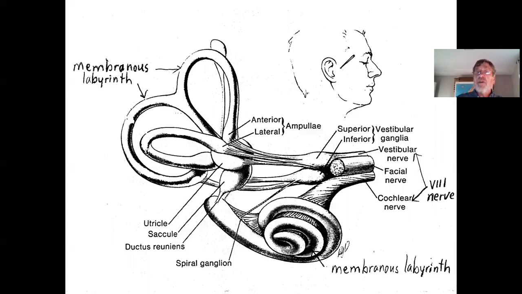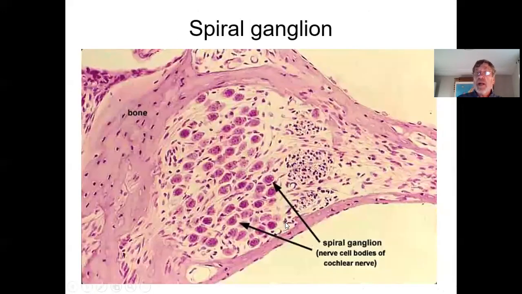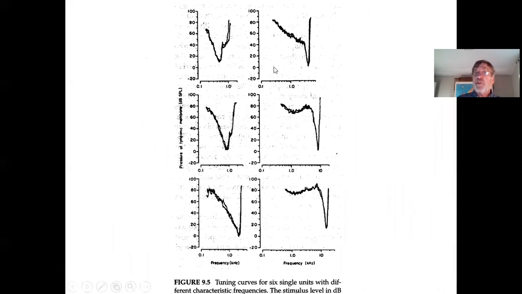Let's pick one of these fibers. Pick this one right here. Perhaps its tuning curve might be this. If this is frequency, and this is the softest level it takes to make that neuron fiber fire, you can see that that one particular fiber likes this frequency because the fewest decibels are required to get it to fire and send a message to the brain.